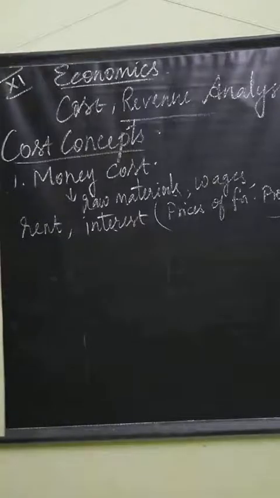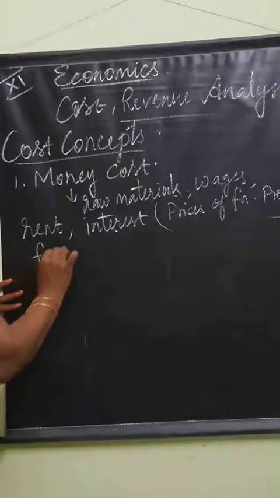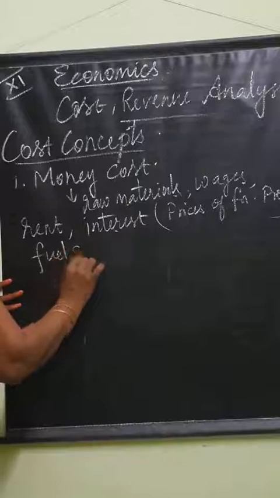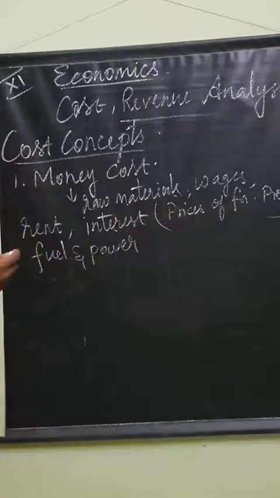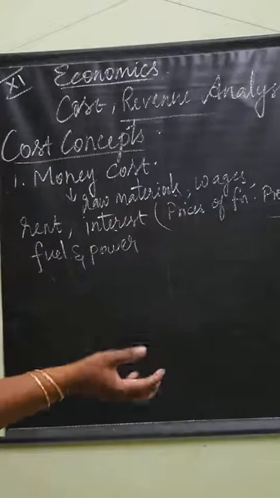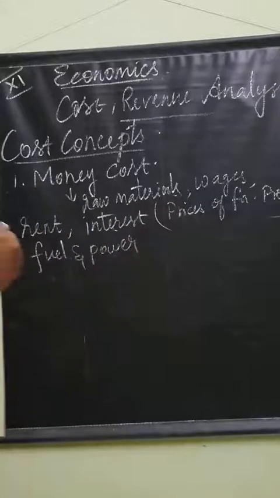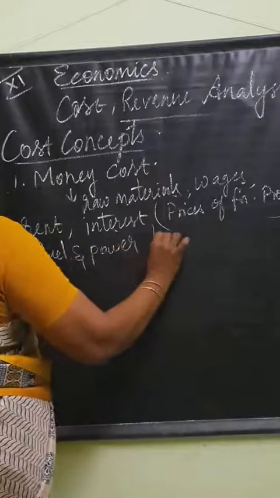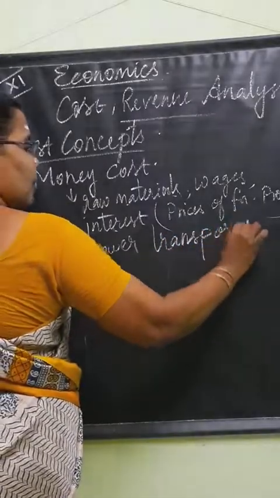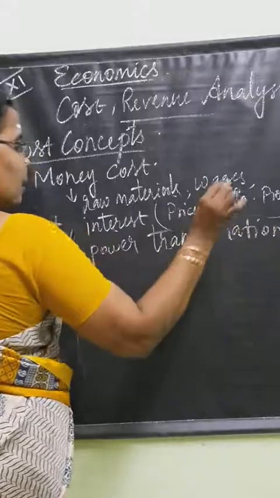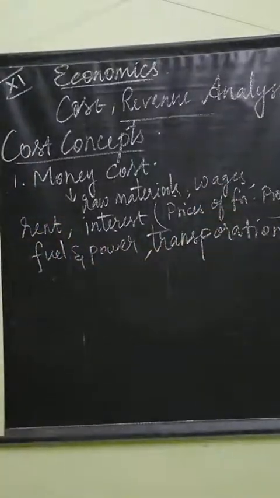And also fuel and power. If we use the machineries, we need fuel, isn't it? Petrol or diesel, coal, whatever it may be. So we have to purchase that also. That is also one of the raw materials we used. And transportation. If we produce the goods, we have to send it to the market, otherwise we cannot earn money.